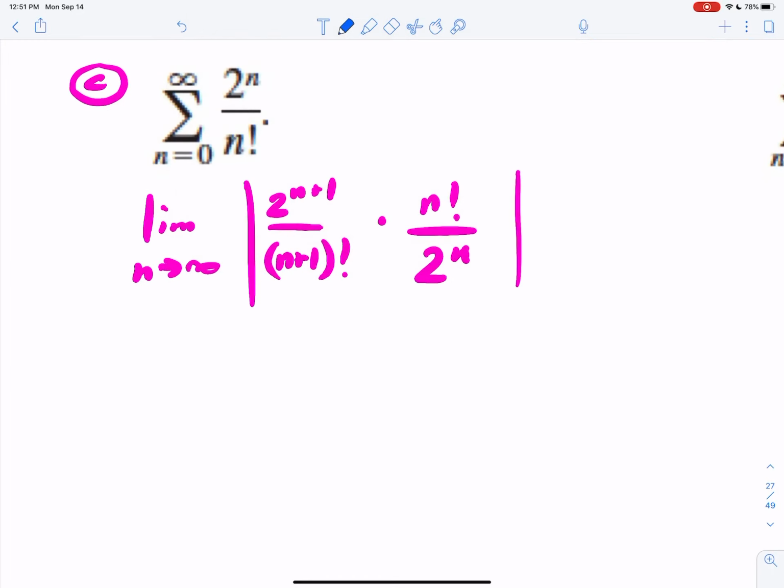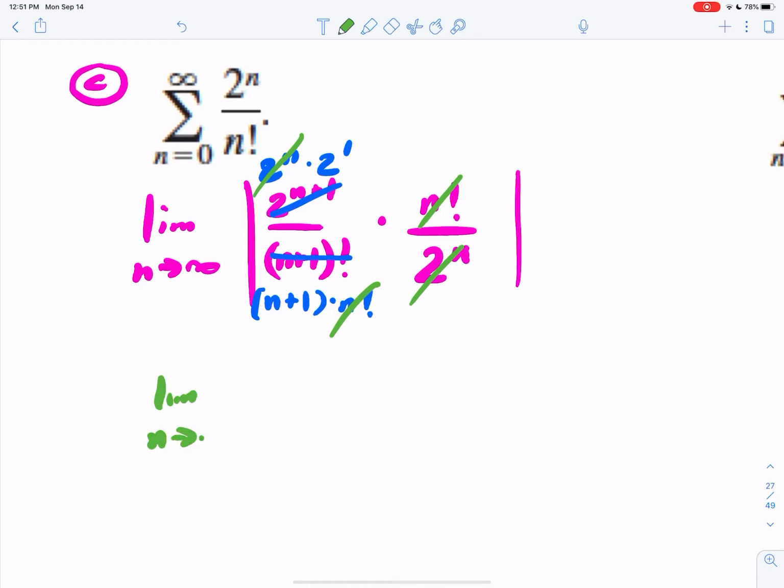I know by now that this is 2 to the n times 2 to the first, and n plus 1 factorial is the same thing as n plus 1 times n factorial. And then I noticed that 2 to the n cancels out, so does the n factorial, and I'm going to be left with the limit as n goes to infinity of the absolute value of 2 to the first power over n plus 1.